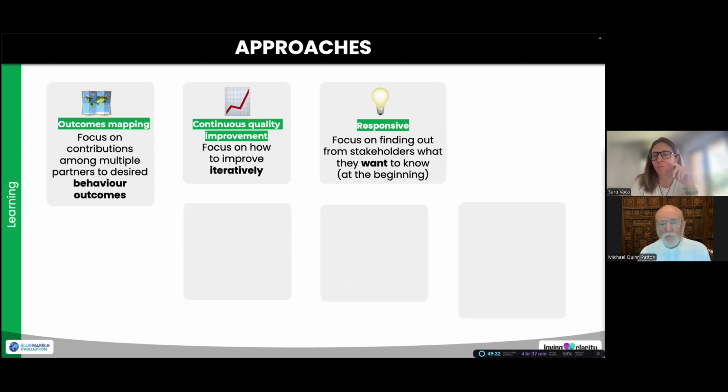It can include finding out from participants what they think is important to look at in the program. And the language has evolved into now we're talking more about interest holders than stakeholders because stakeholders has some colonial history to it. But it's finding out from the people who would really be affected by the evaluation what they think is important to do.